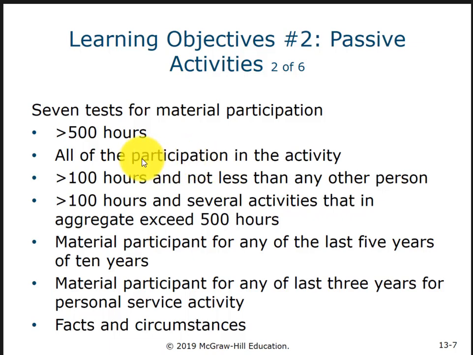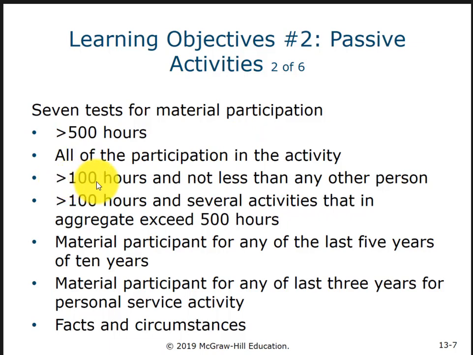But you could still be active and have material participation in an activity that only took you 50 hours, as long as you are the only one participating. So if you have a business and you do some consulting for 50 hours in a year, you're the only one, you're all the participation, so you're still materially participating.